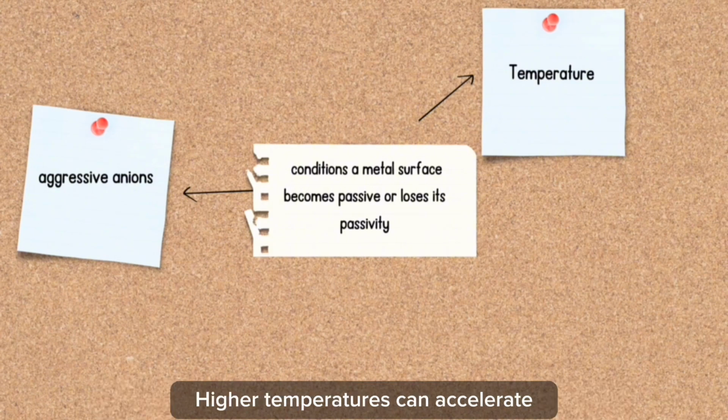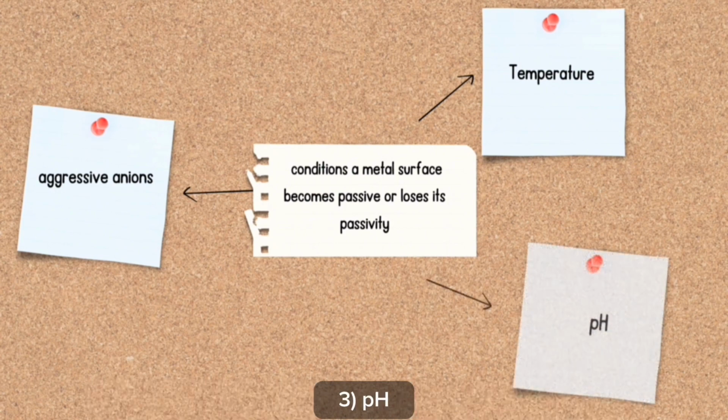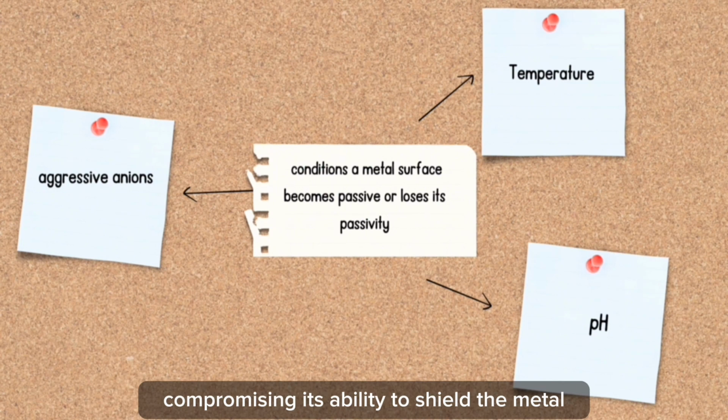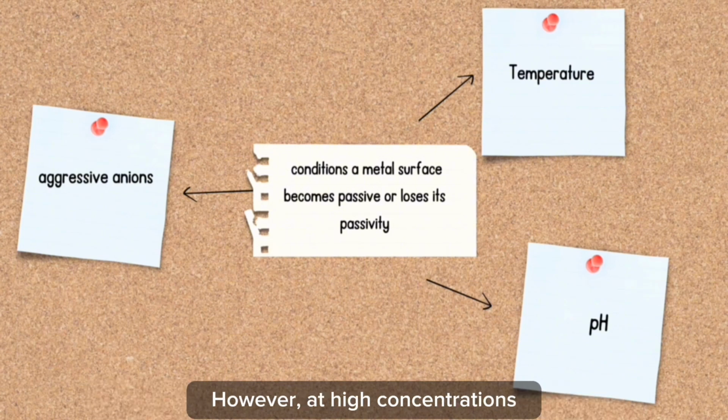Higher temperatures can accelerate the processes that contribute to passivity breakdown. 3. pH. Extreme pH levels can weaken the protective film, compromising its ability to shield the metal. A low concentration of aggressive ions avoids interfering with the metal passivity mechanism. However, at high concentrations, the destruction of passivity will happen.